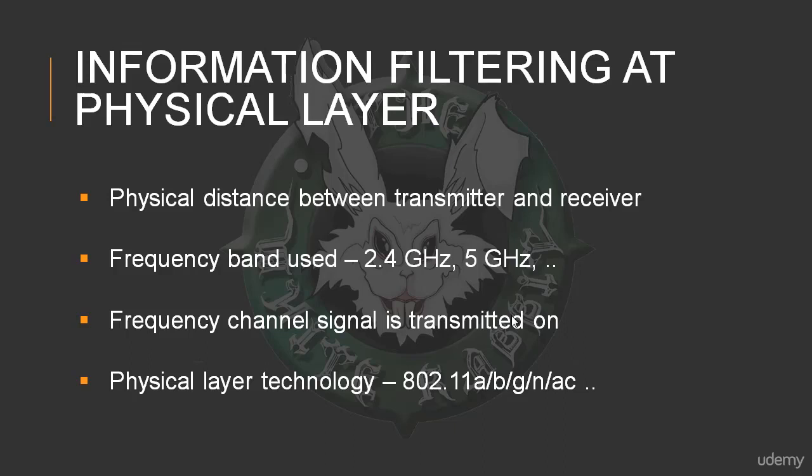So, for example, you might have a network interface card that only understands a, b, g, and does not know how to interpret signals that are encoded for 802.11n or 802.11ac. So if you have access points or devices transmitting in these formats like 802.11n, you will not be able to understand them.